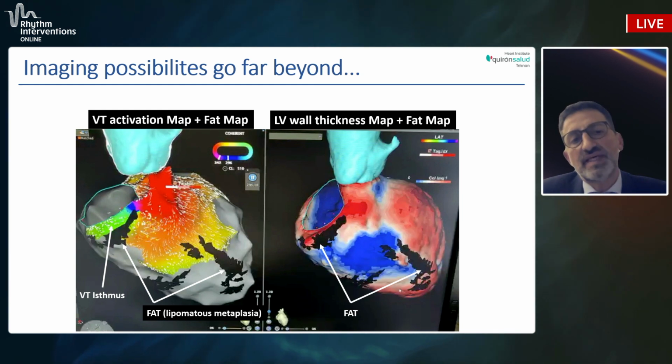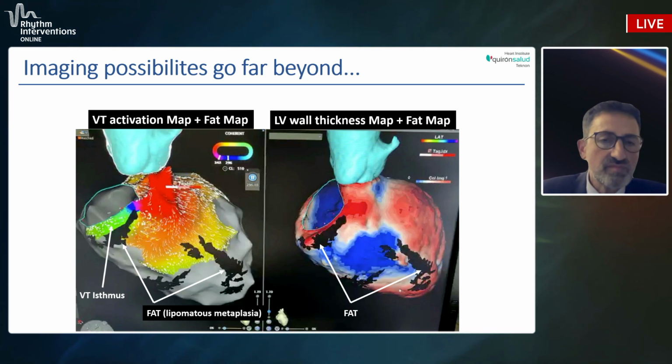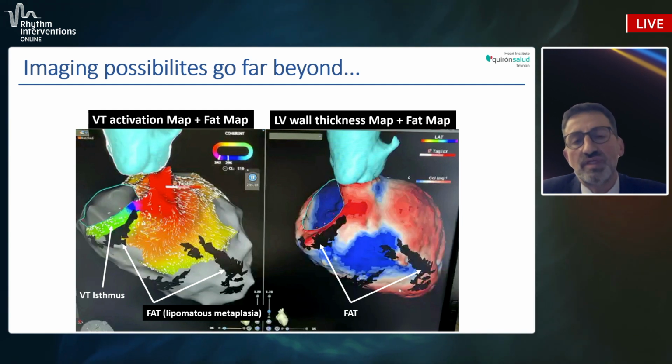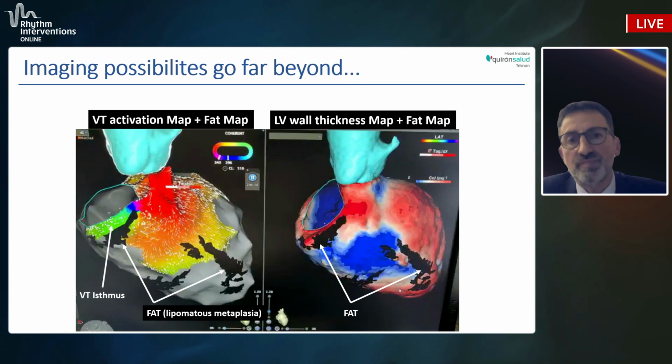So anyway, you can see that the VT activation map shows that the VT is sustained by this VT isthmus, which is created by the isolated accumulation of lipomatous metaplasia that can be seen from the CT scan and the mitral annulus. Maybe this can add some additional things to facilitate ablation in the future in patients in whom we only have the information of the CT scan, or even in every patient.